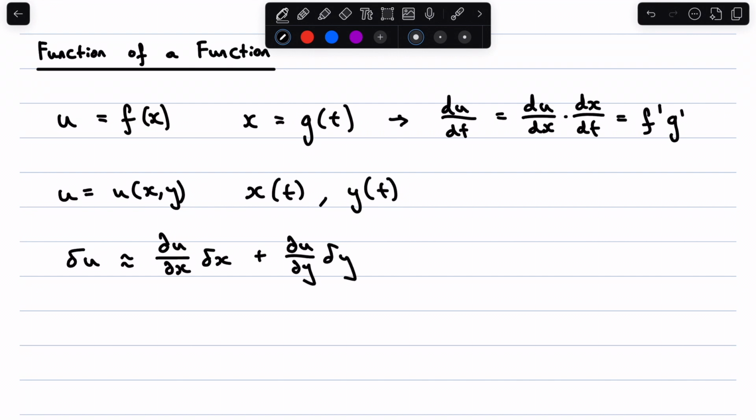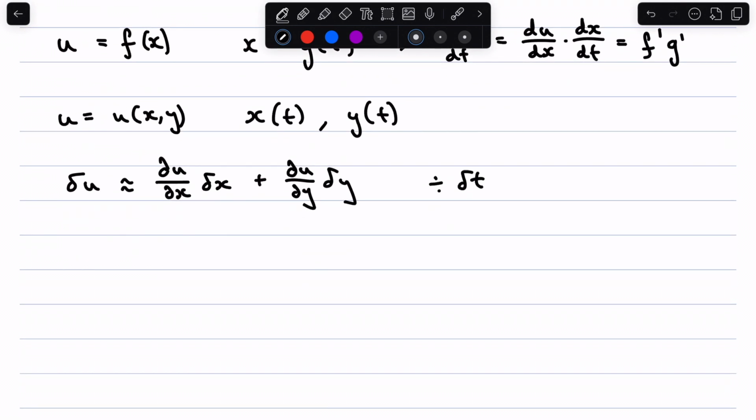And now if we divide everything by some small delta t, and then take the limit as delta t and our other increments tend to 0, we'd have all our delta u, delta x and delta y divided by delta t.